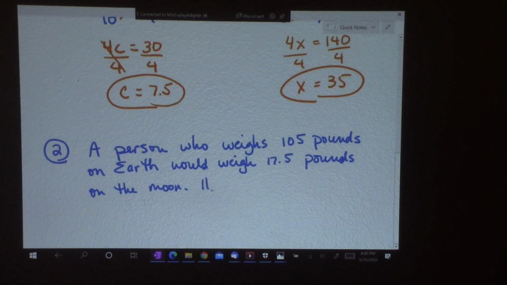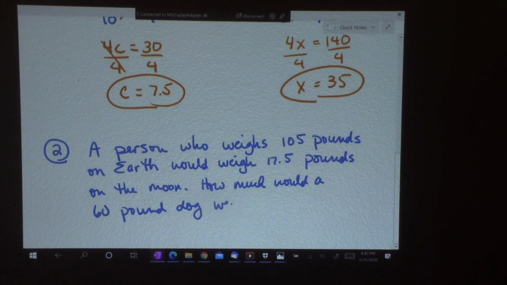How much would a 60-pound dog weigh? Let me write this a little better. Sorry for my writing. A person who weighs 105 pounds on Earth would weigh 17.5 pounds on the moon. How much would a 60-pound dog weigh?